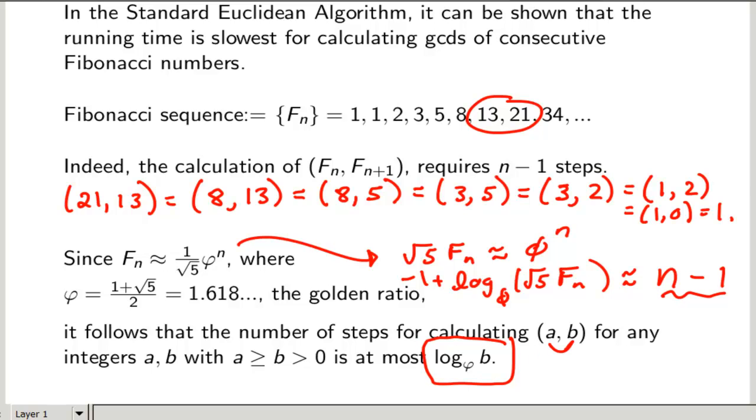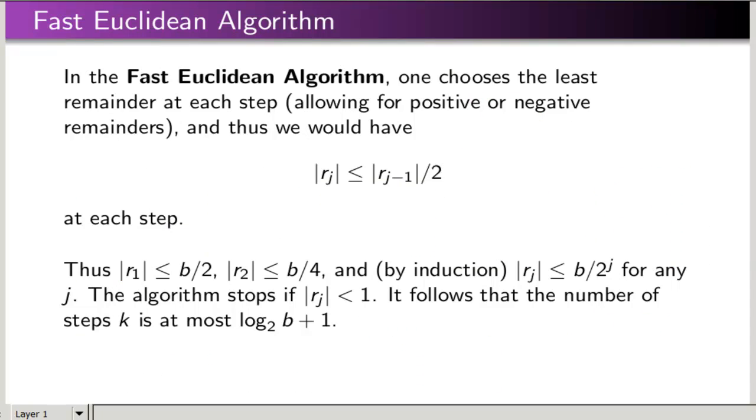In the fast Euclidean algorithm, we do the same thing, but at each step, instead of taking the positive remainder, we'll take the smallest remainder. So we want the absolute value of r to be bounded by half of the previous remainder. And so you're knocking the remainders down by a factor of 2 at every step.